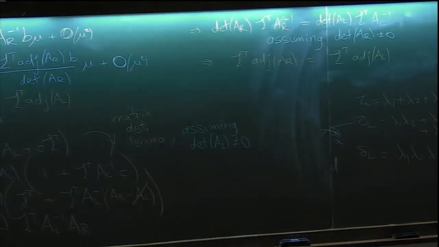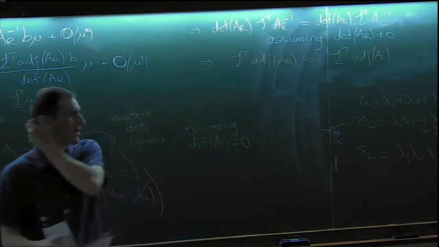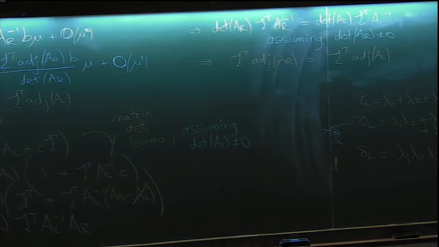Okay, there's one more thing I need to do. So my algebra assumes that these two matrices are invertible. But I claim this result holds true for any matrices AL and AR. And so this is the second kind of argument I wanted to mention to you. The point is that both sides of this equation are continuous functions of the entries of the matrices.